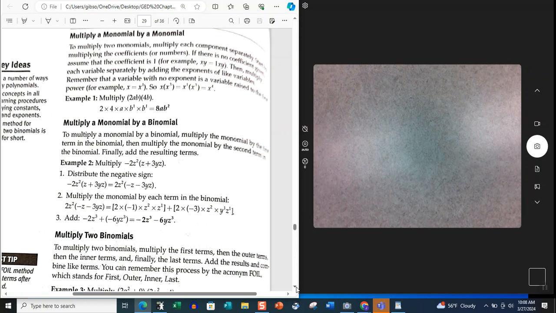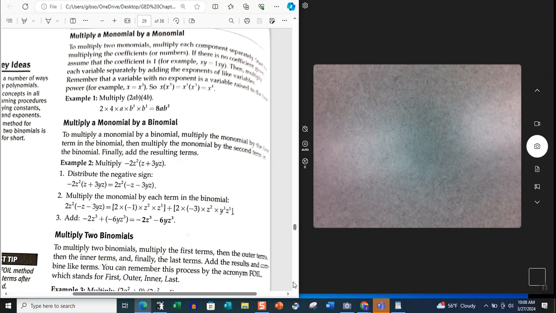Now, multiplying a monomial by a binomial. So basically what you would do, you would take the one monomial and multiply by each individual term of the binomial. So negative 2z squared will multiply by z, and then negative 2z squared will multiply by the 3yz.